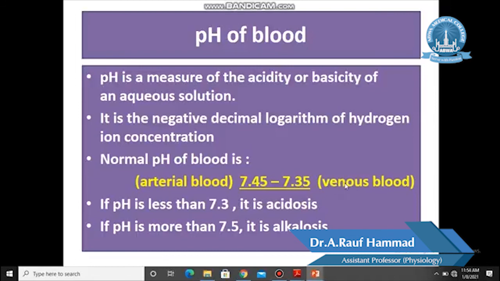Definitely venous blood में कार्बन डाइऑक्साइड ज़्यादा होती है, और that is more acidic. If pH is less than 7.3, then the condition is called acidosis. And when the pH is more than 7.5, it is alkalosis.